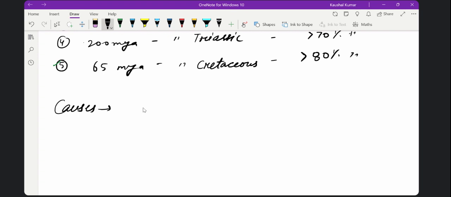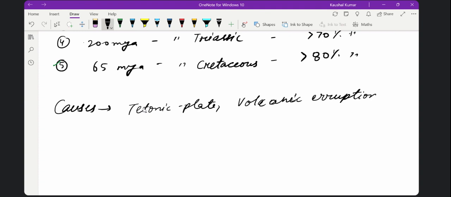Second, if mass extinction is happening, it is because of some natural phenomenon, like tectonic plates, volcanic eruptions, or an asteroid. These are the causes of mass extinction.